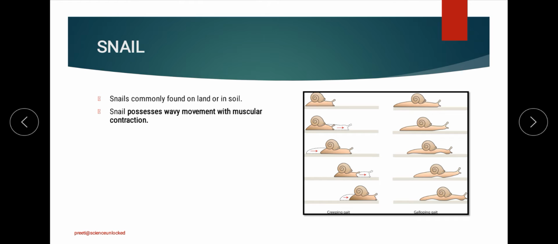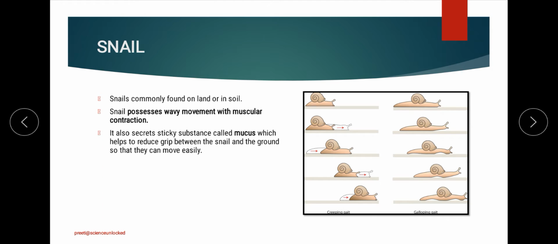Now, when we talk about its overall movement, there is one important aspect. For forward movement, there is a sticky substance called mucus, which is released by the snail so that it can move easily and glide over surfaces, because it reduces the grip of the organism.